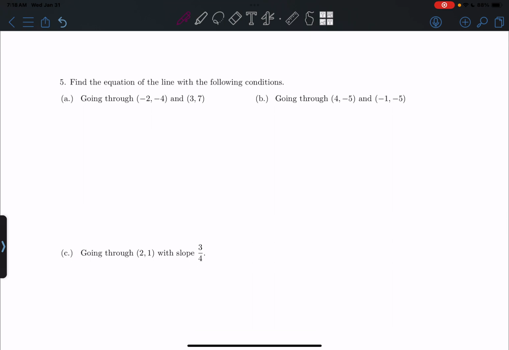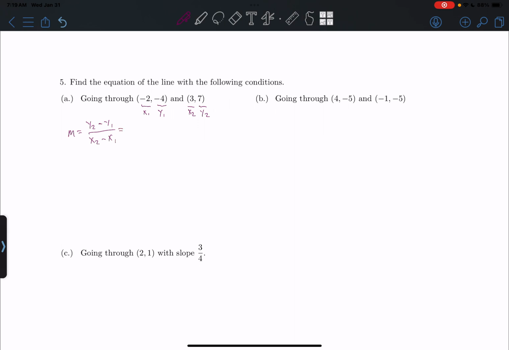Moving on to number 5, equation of lines. This is kind of important, so make sure you practice that a little bit. So for this one, if you're given 2 points, label them. And then apply the slope formula. Slope formula is y2 minus y1 over x2 minus x1.